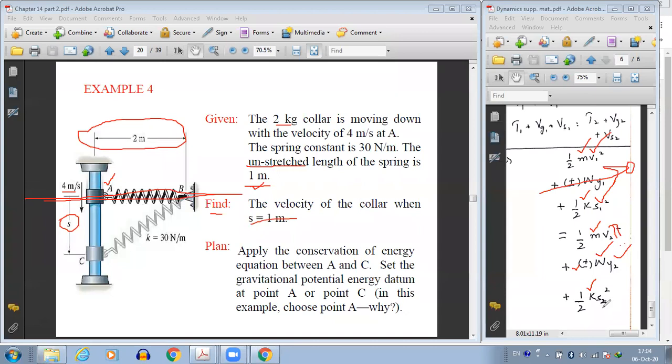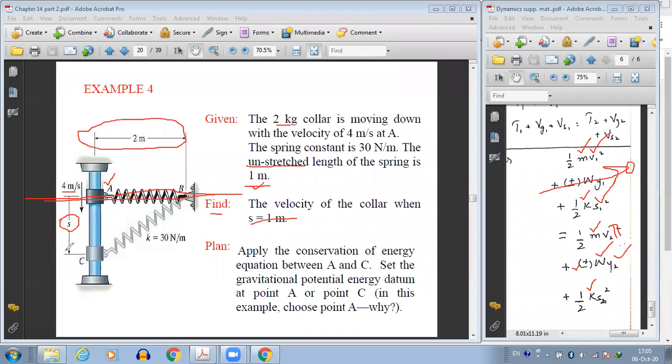Now what will be the stretch S2 when the collar is at C? How can we find that? Yes, we use Pythagoras theorem.